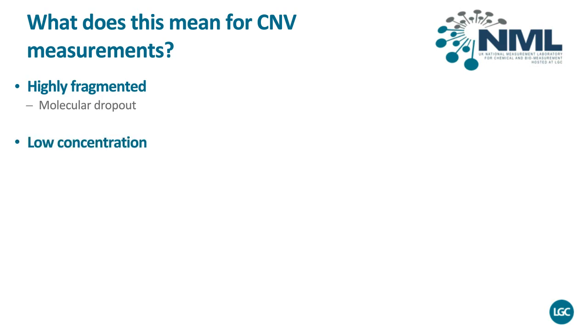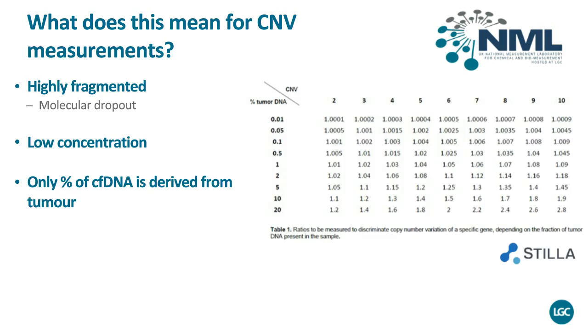Cell-free DNA is also quite low in concentration, but also only a proportion of that cell-free DNA is derived from, say, the tumor or the fetus or an organ transplant. And there's a really nice graph here, or table, that Stiller produced in one of their talks, where if we look at the copy number variation along the top and then the percentage that it contributes to the cell-free DNA down the side, we can see why measuring a small copy number variation would be of use.